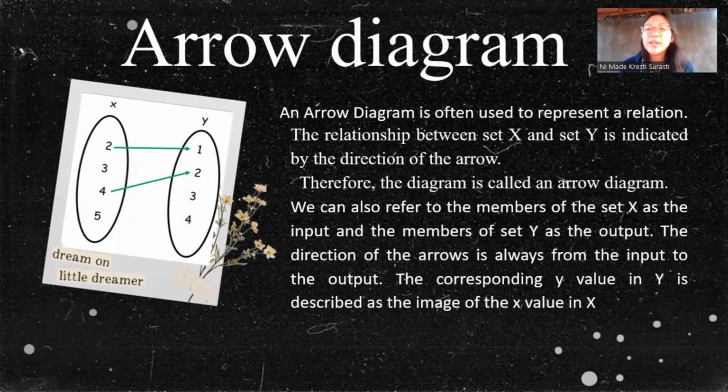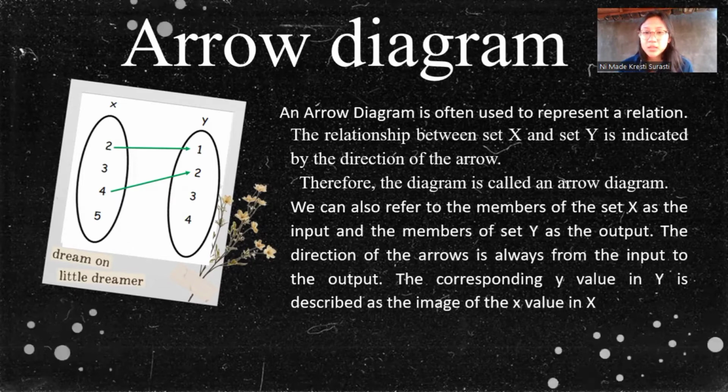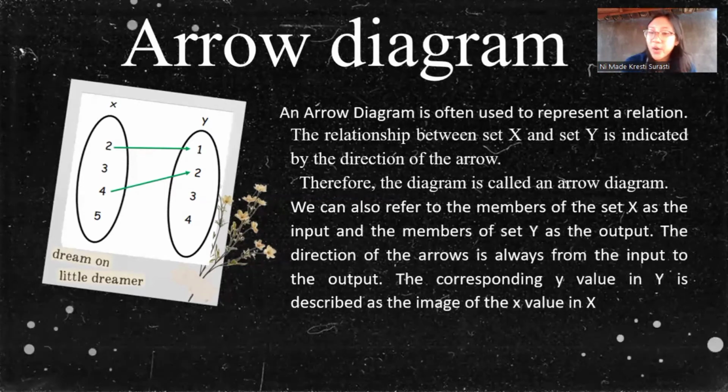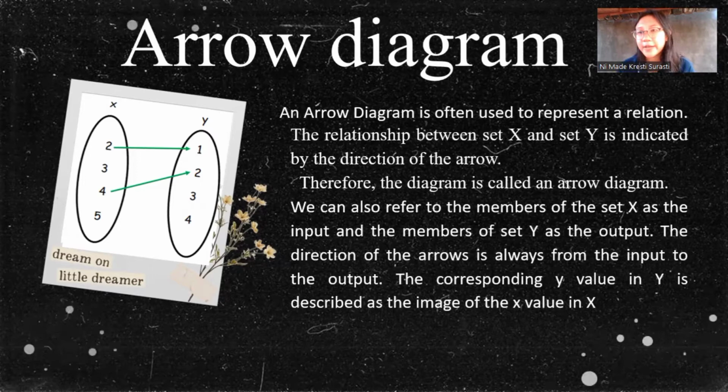The direction of the arrow is always from the input to the output. So in the picture, we can see the direction is from set X as the input to set Y as the output. The corresponding Y value is described as the image of the X value.